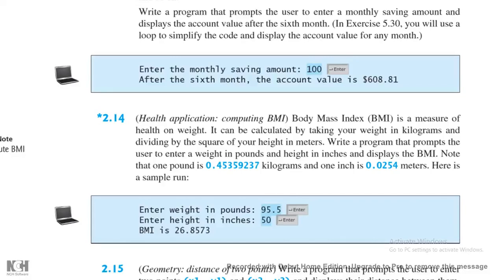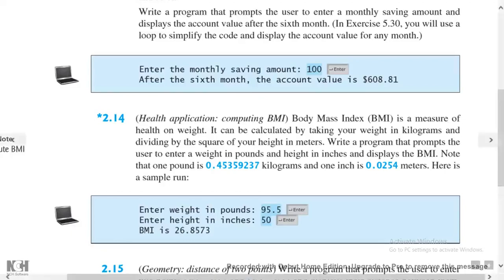So you gotta write a program that prompts the user to enter a weight in pounds and height in inches and displays the BMI. Note that 1 pound is that number of kilograms, and 1 inch is that number of meters.